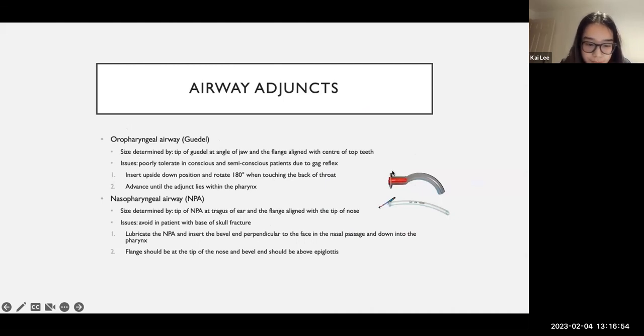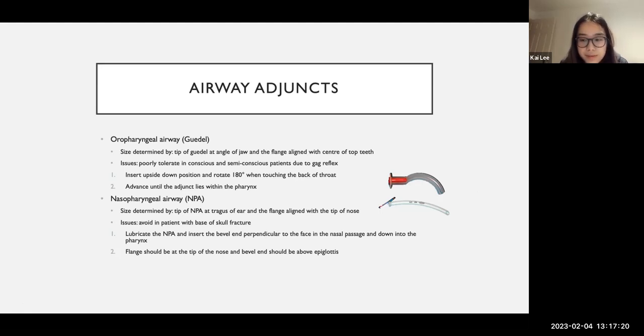There is a flange, and there's also the tip at the right-hand side. The size is different for different patients, and we determine the size by placing the tip at the angle of the jaw, and the flange will hopefully be aligned with the center of your top teeth. By using this method, you can figure out the right size for each patient.